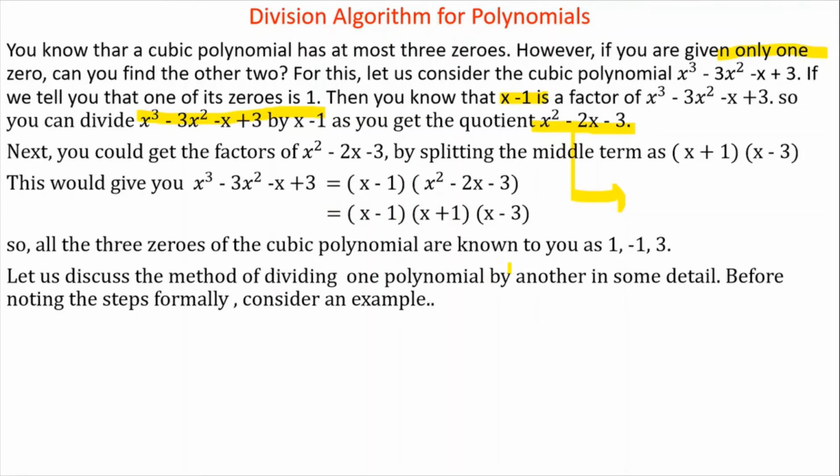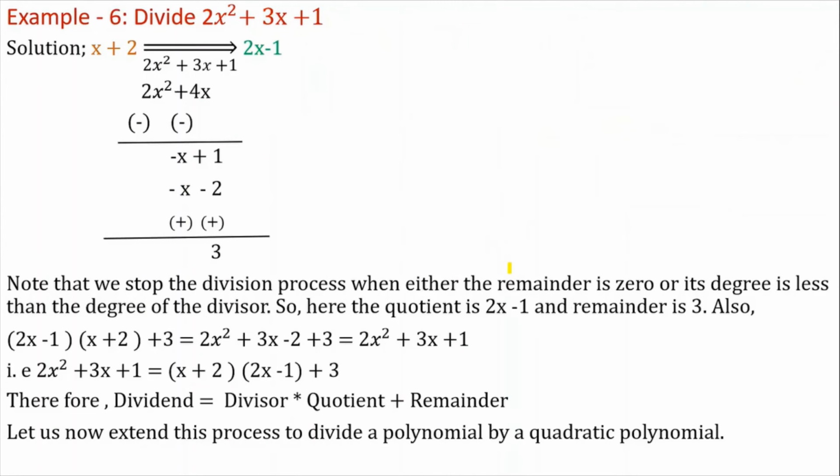Okay, let us see some examples to understand the concept. Example 6. Divide 2x squared plus 3x plus 1 by x plus 2. Do you know how to do the division process?